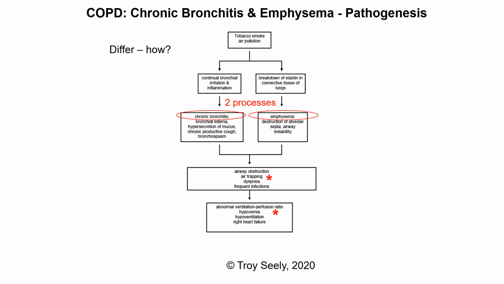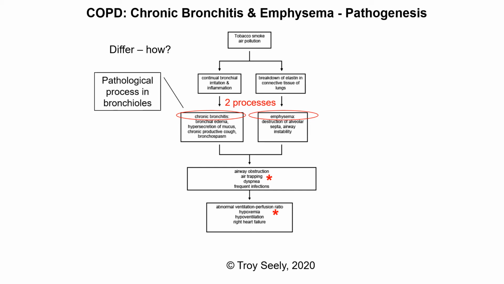The result of these two processes will lead to airway obstruction, air trapping, dyspnea, frequent infections. We'll be discussing that a bit more. And that will lead to an abnormal ventilation perfusion ratio, kind of like we talked about before, hypoxia, hypoventilation, and even right heart failure.